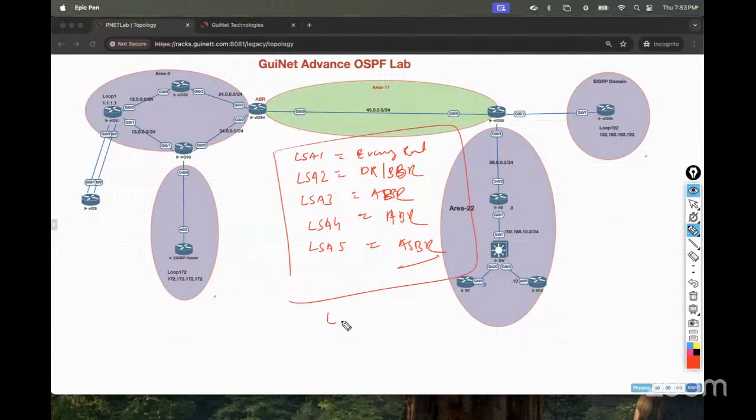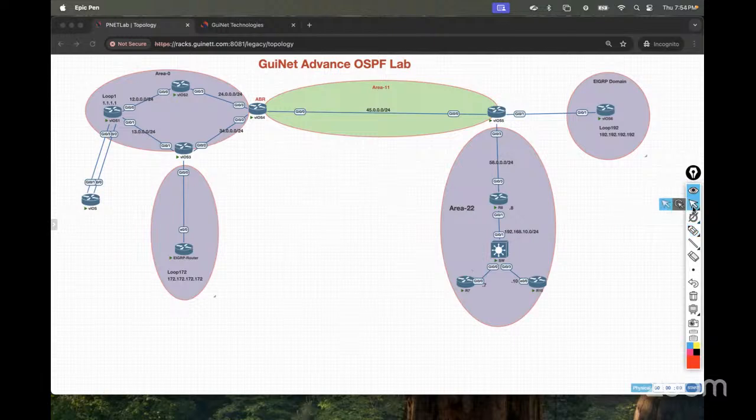Now after that we have LSA 6 and then LSA 7. So let's talk about why we always skip LSA 6. We do not talk much about LSA 6. Basically, LSA 6 is used for MOSPF. What is MOSPF?